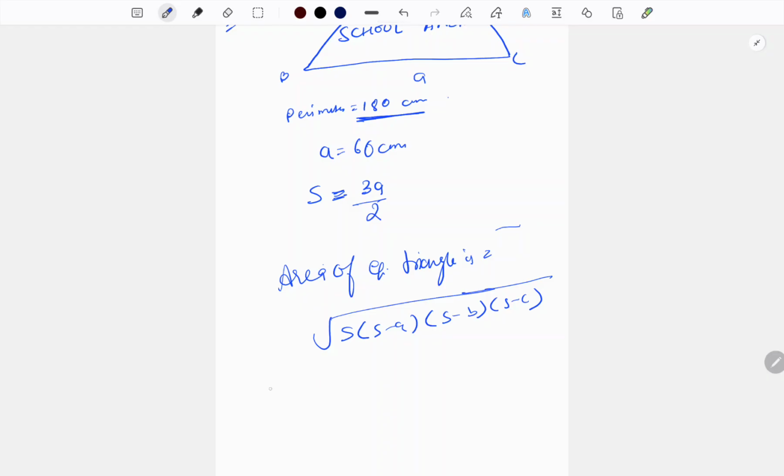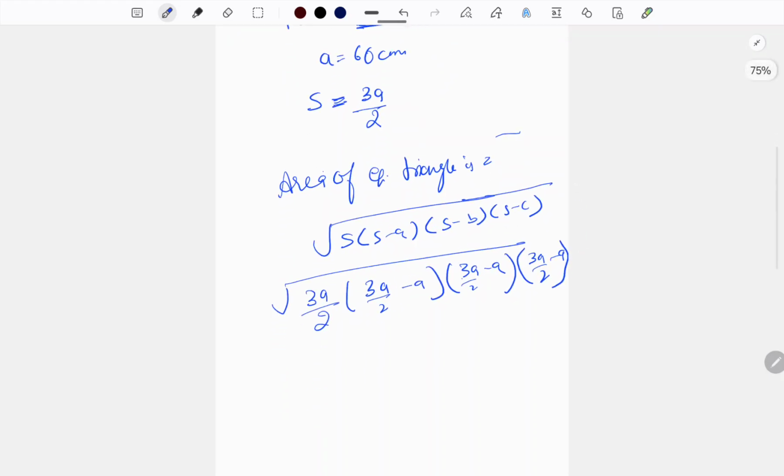So in this case, s is 3a by 2, so we get 3a by 2 minus a, 3a by 2 minus a, and 3a by 2 minus a. Here a total of 4 factors will come. It will be 3 by 2 a, and 3a minus 2a over 2, so it will be a by 2, a by 2 and a by 2.